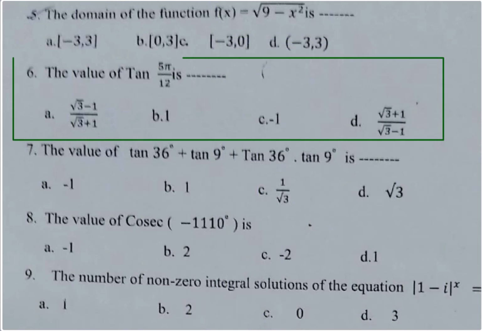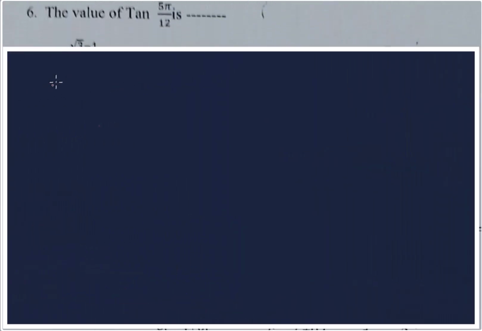In the next question, we need to find the value of tan of 5 pi by 12. 5 pi by 12 is the angle in radian measure. We will convert it into its degree measure by multiplying it with 180 by pi.